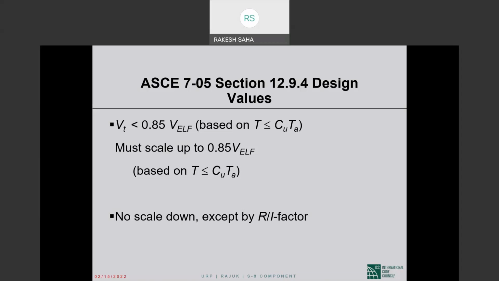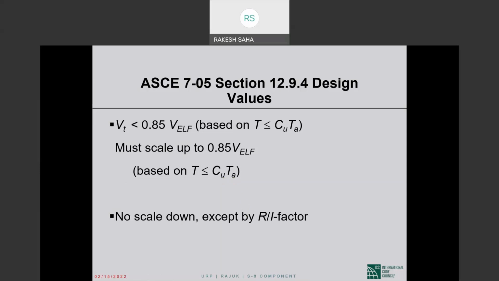The equivalent lateral force procedure base shear should be computed using a rationally computed period, except that it cannot be taken any larger than C sub u times T sub a. Remember, C sub u in Bangladesh is 1.4, T sub a is the approximate period.